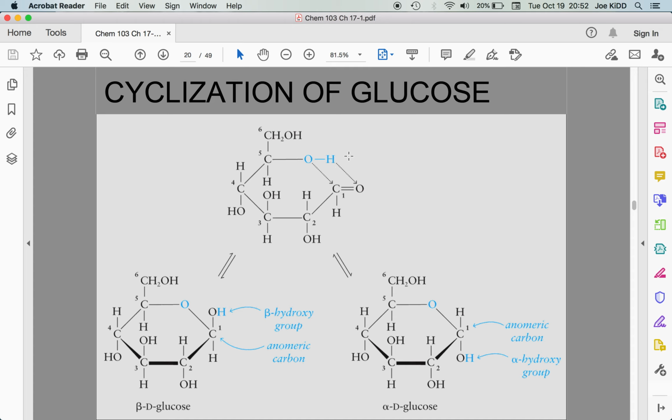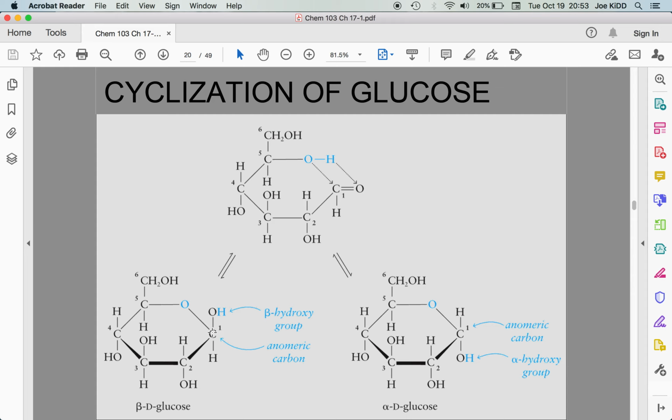That last hydroxyl group, the one that determined, like we talked about earlier, whether it was the D or L form, is the one that is going to help cyclize the compound. So that oxygen in that hydroxyl group at the end that determines D or L is also the oxygen that becomes the O in the ring of the cyclic forms of this compound or any of these carbohydrates.